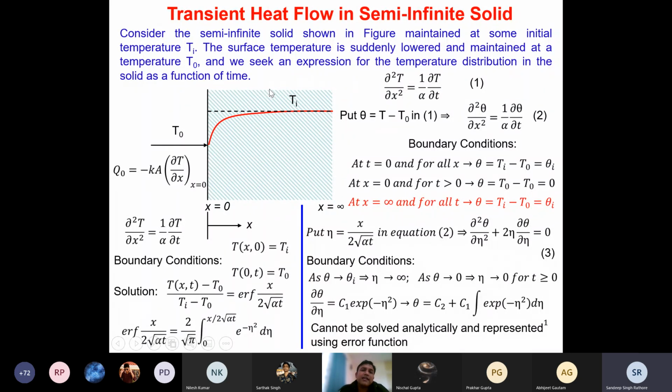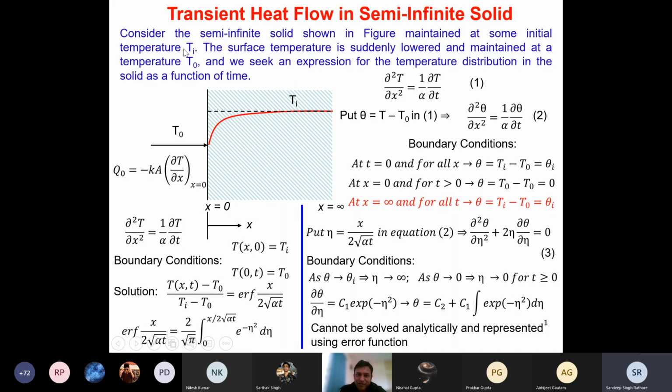So initially this entire solid block was at the temperature Ti. Suddenly this solid block we have put into some different fluid which is at a temperature of T0.